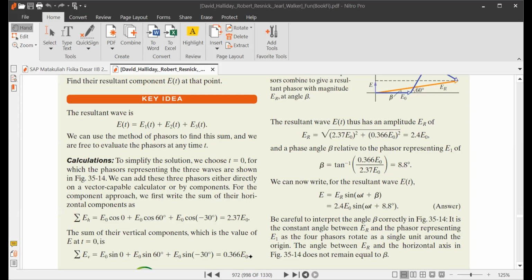For t equals 0, why do we still have this E0 cos 0? I'm not really sure because maybe it's the initial wave, so there's still an amplitude. I don't really know, sir.